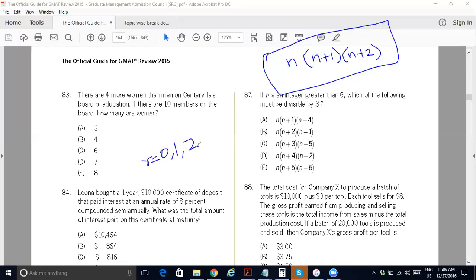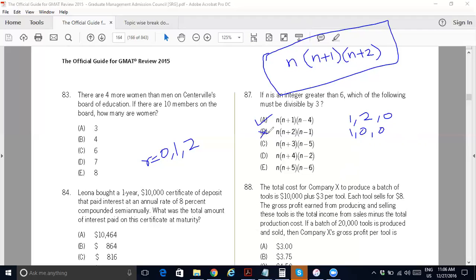If we go by remainder equal to 0, 1 and 2, let's say any number greater than 6. Let's say we are taking 10. So first one, n is giving a remainder of 1, n plus 1 is 11, and 11 by 3 will give 2, and 10 minus 4 is 6, which gives a remainder of 0. So that satisfies. Second, n is 10, remainder of 1, 12 is remainder of 0, and 9 is remainder of 0.